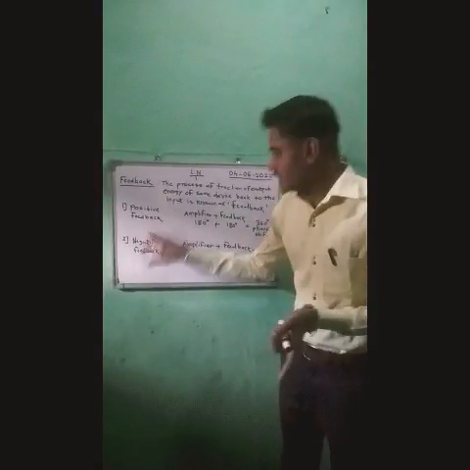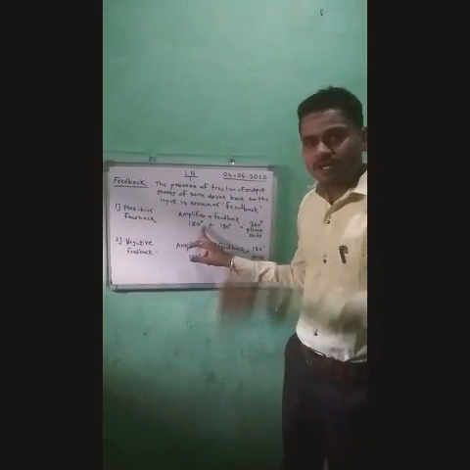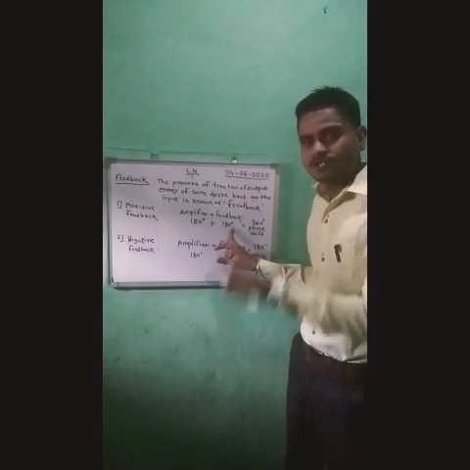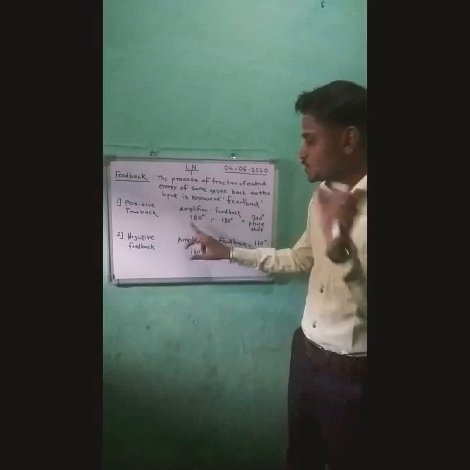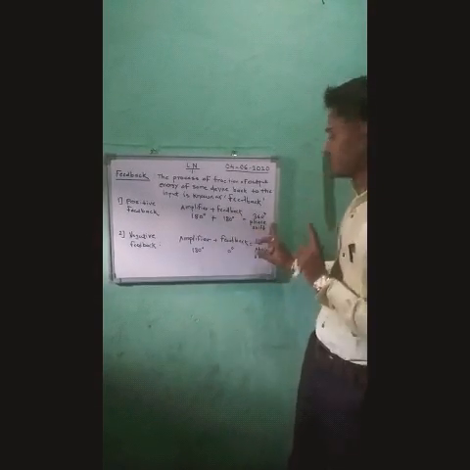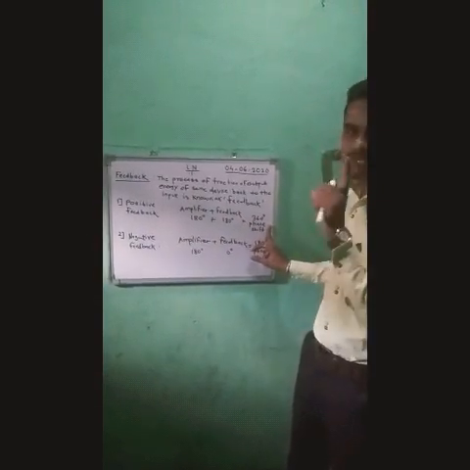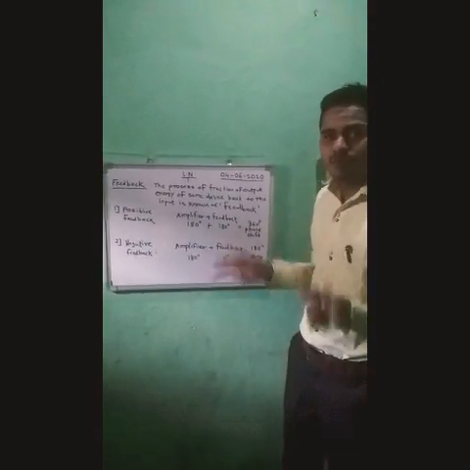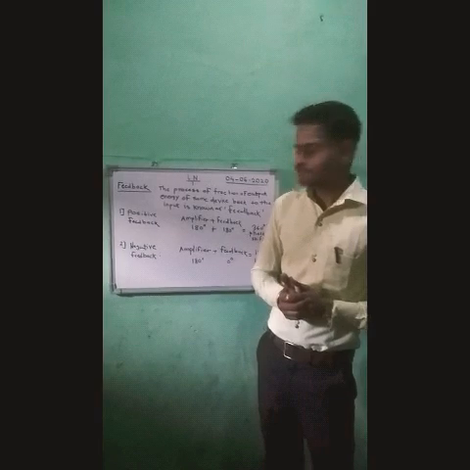In positive feedback, the amplifier produces a 180 degree phase shift, and the feedback also produces a 180 degree phase shift. So the total phase shift is 360 degrees. That is, the feedback voltage waveform and the input waveform are in the same phase.